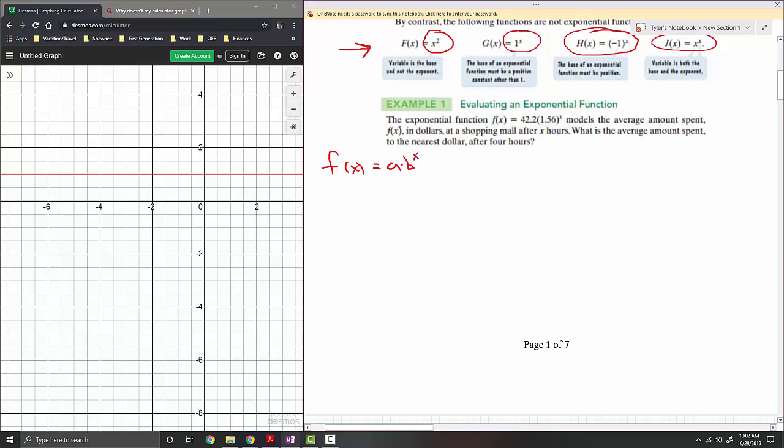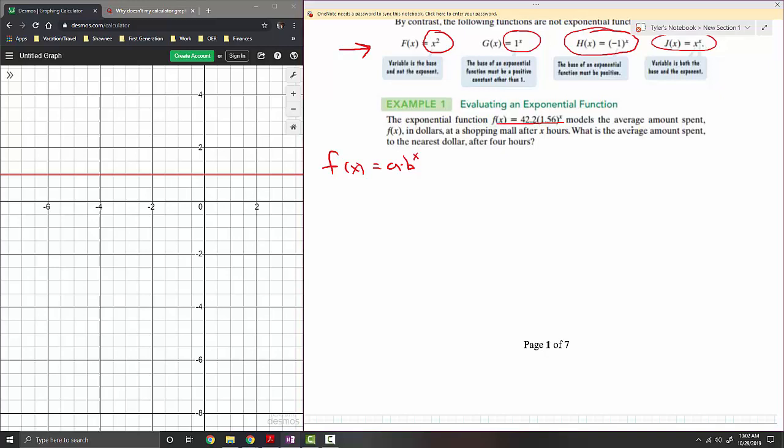So if we look at this example, we're given the exponential function f of x equals 42.2 times 1.56 raised to the x is going to model the average amount spent in dollars, where f of x is dollars, at a shopping mall after x hours. So what's the average amount spent to the nearest dollar after 4 hours, right?